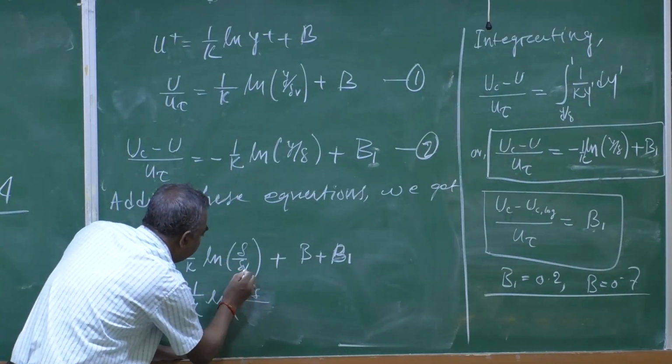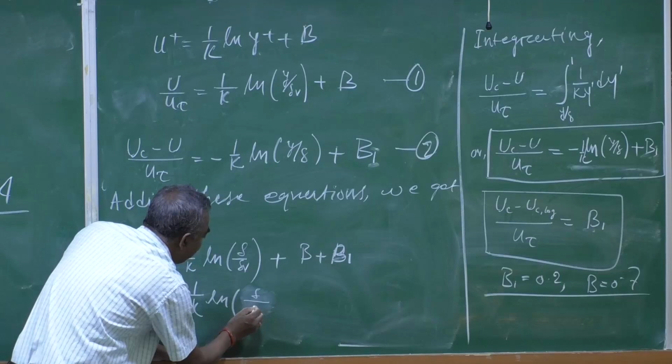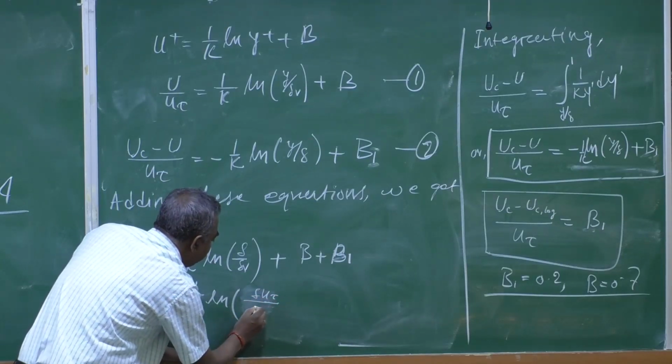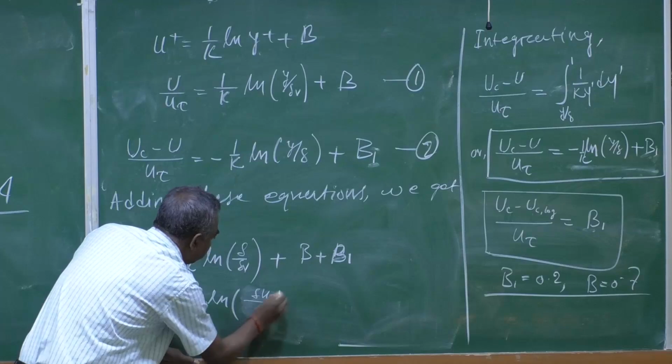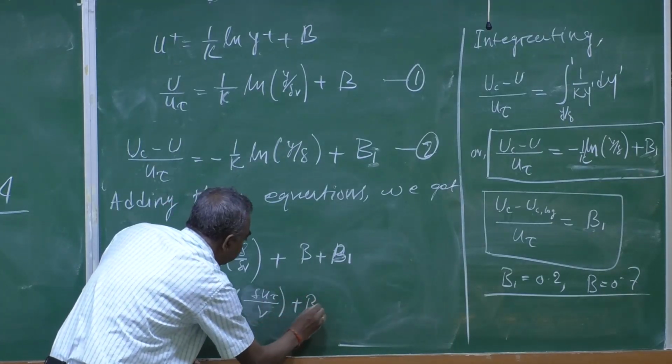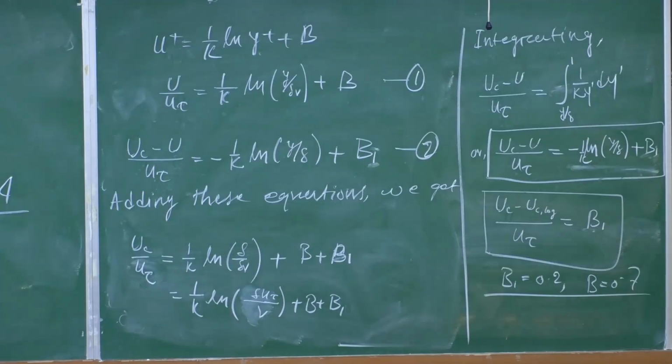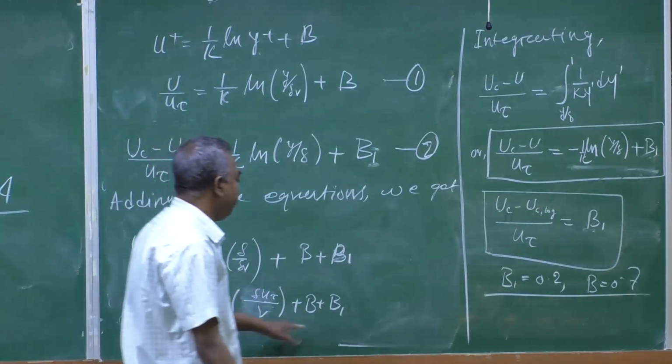Delta v is nu by u tau. So, that means this is going to be u tau by u c, plus b plus b 1. So, this can be rearranged.